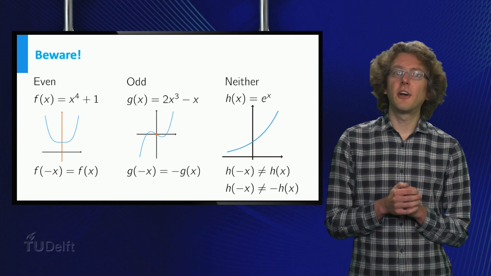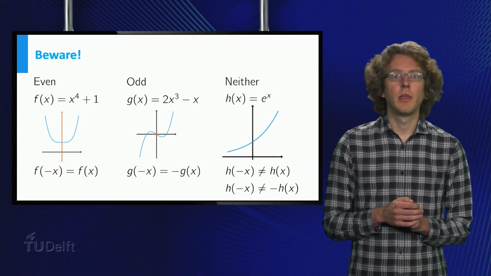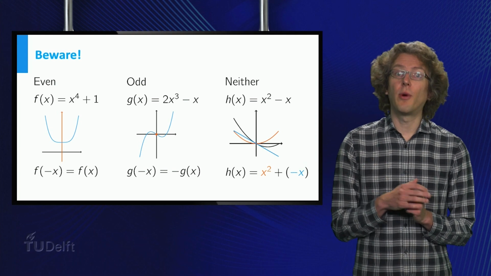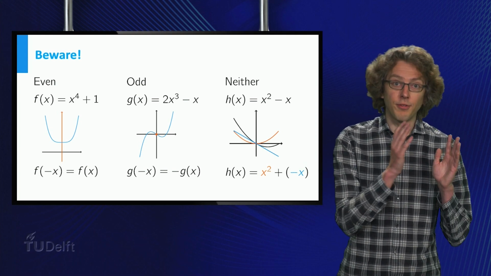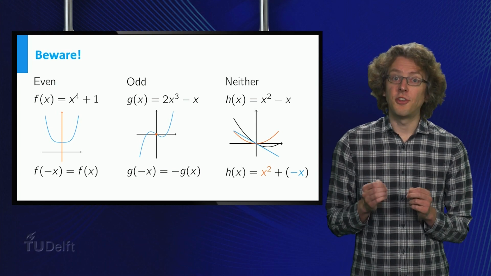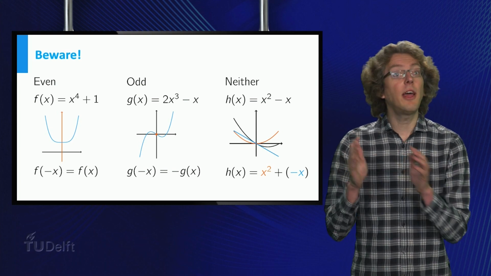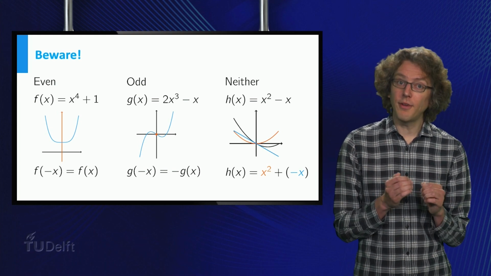For these functions that are neither even nor odd, there is a very nice property though. Consider the function h on the right hand side. You can very easily write it as the sum of an even and an odd function. The function in black is the sum of the even function in orange and the odd function in blue. Please check this both on the graph and in the formula.